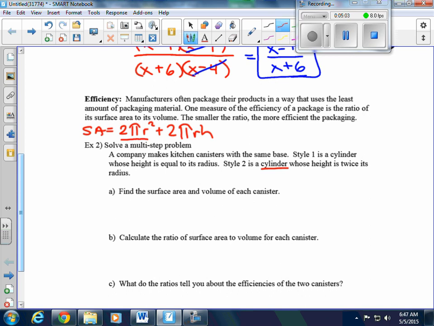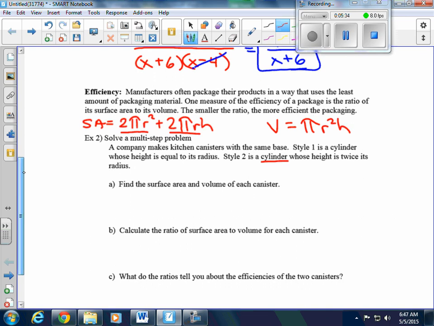If you unwrap the peel of a pecan or something like that, which is a cylinder, that shape is going to be a rectangle. Well, that rectangle will have a length of 2 pi r and a height of h. So that's going to be the surface area equation. And then the volume is going to be pi r squared h.